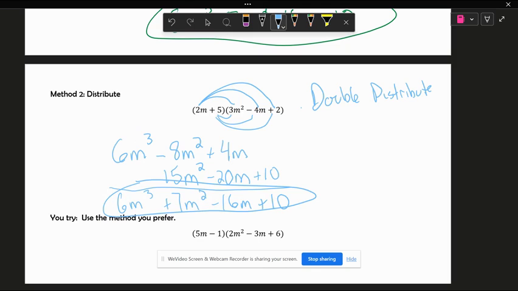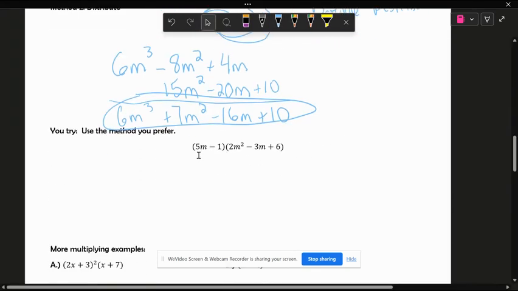That's fantastic. All right. I want to give you guys a second to try this multiplication problem. So either method, just multiply it out.